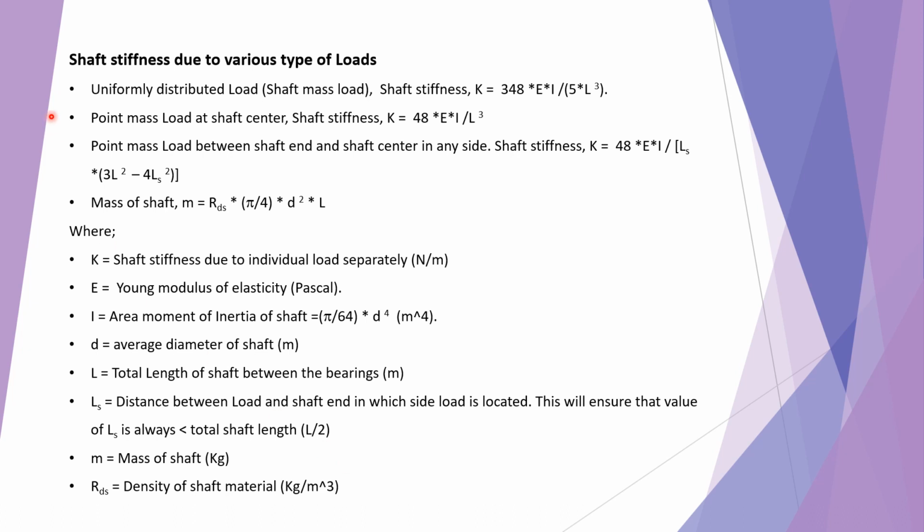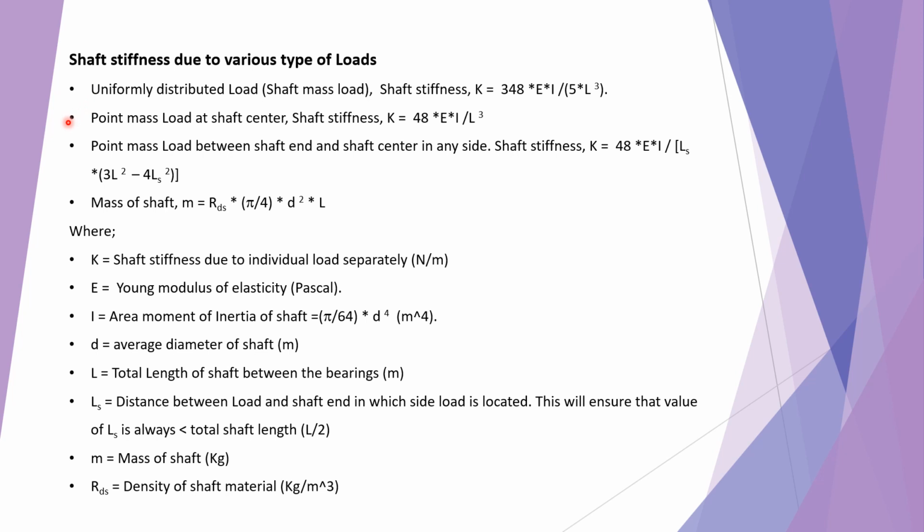A little bit about some standard formulas available to find the shaft stiffness. For a uniformly distributed load, just like the shaft mass load, shaft stiffness is calculated using K is equal to 384 EI upon 5 L cube.